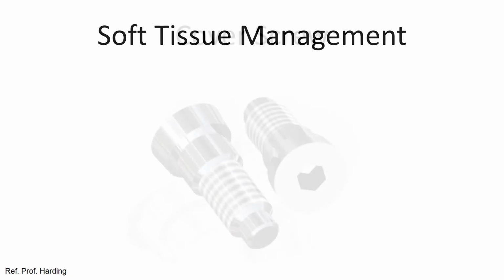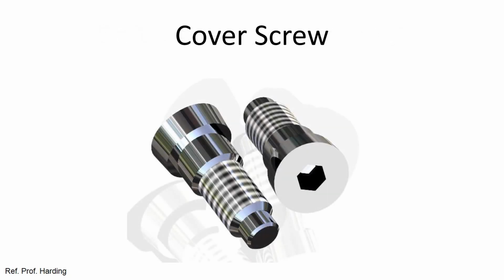Soft tissue management. Well, after we've placed our implant, it's important to place a cover screw. This stops ingress of tissue or perhaps bone growth onto or into the internal connections of the implant. Obviously we don't want to uncover our implant and find that the post hole for our abutment has been occluded by bone. Also, the inside of an implant, if you recall, is a dead space.